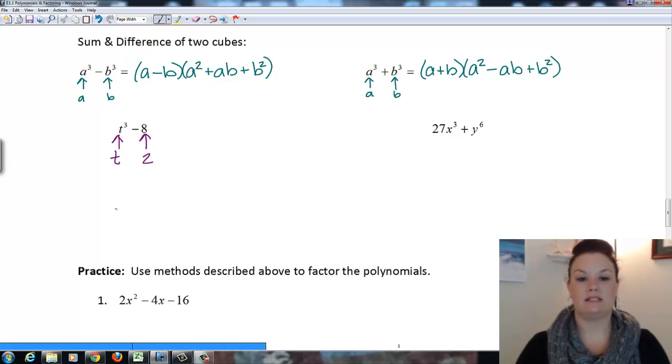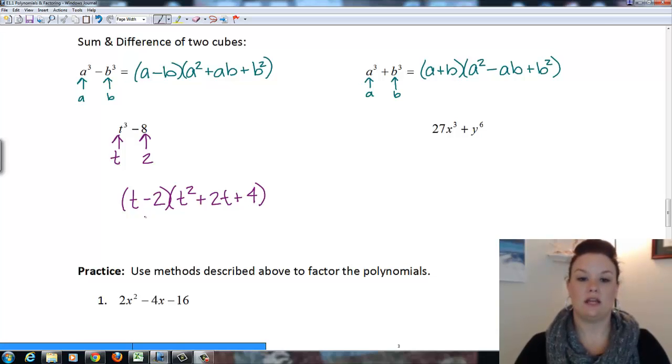This formula says that I do my first base minus my second, so t minus 2, times my first base squared, so t squared, plus I multiply my two bases together, so 2 times t or t times 2 gives me 2t, plus my second base squared, so 2 squared, which would give me 4.